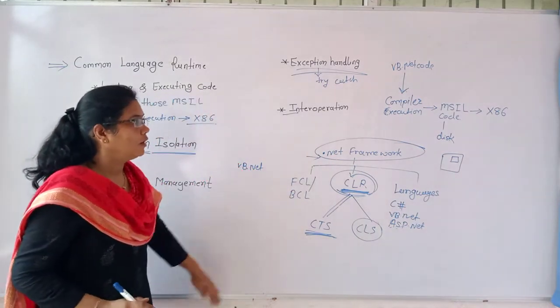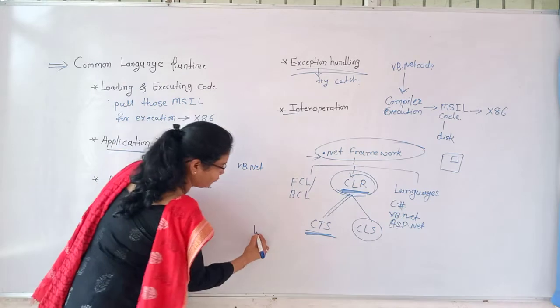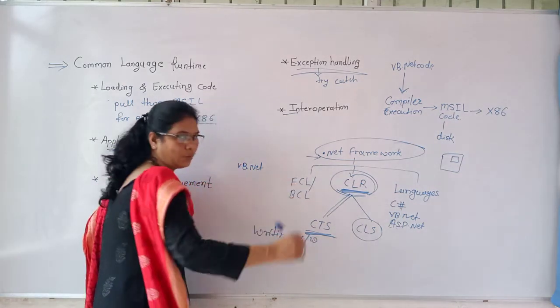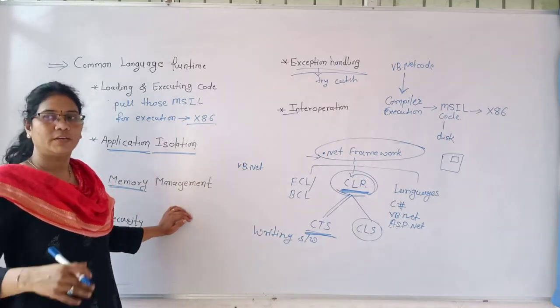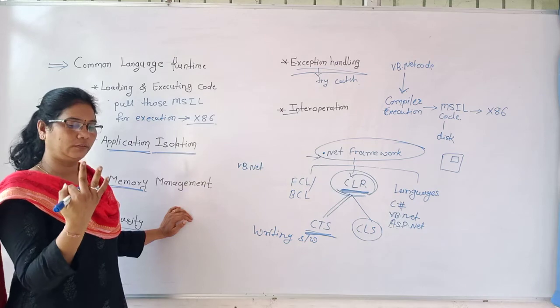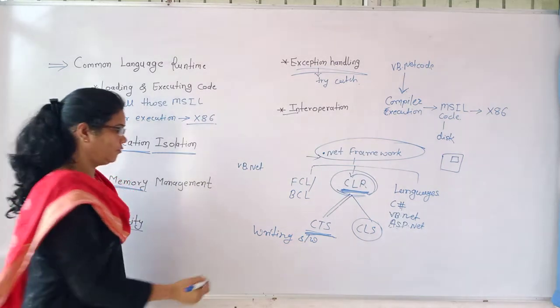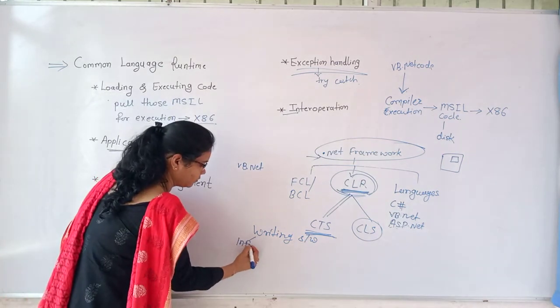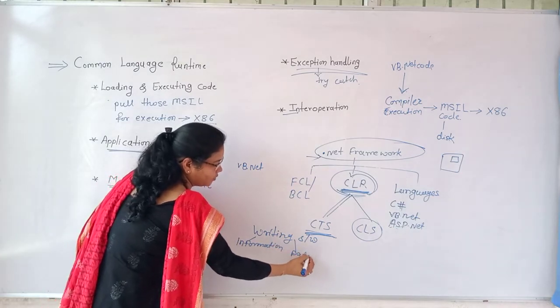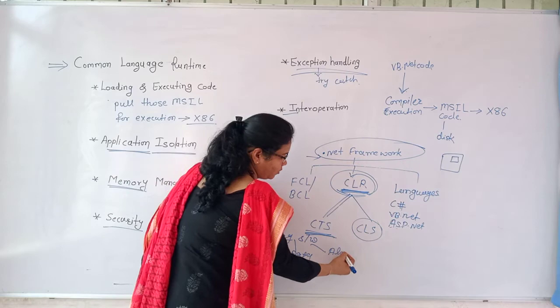Okay. So the next part is writing the software. When we design software or write an application, there are three major parts. First is information, second is data, and third is algorithm.